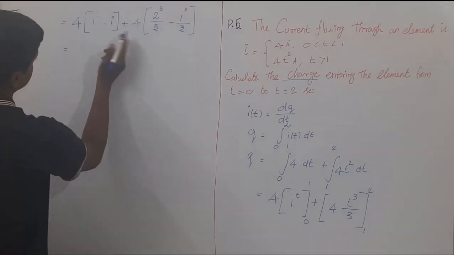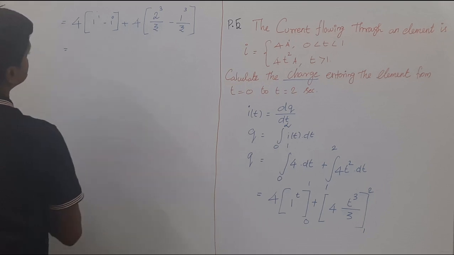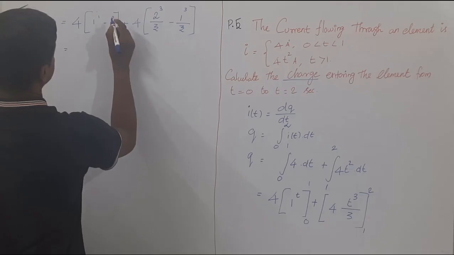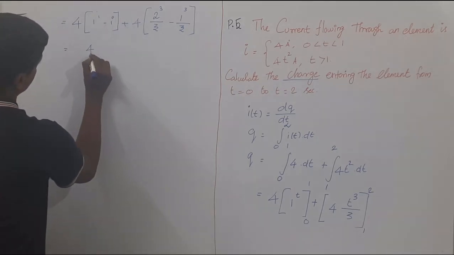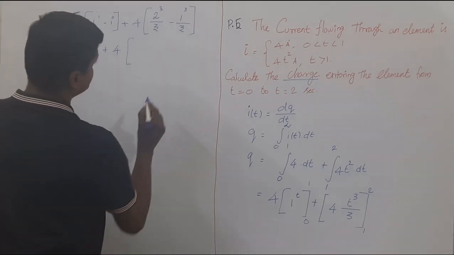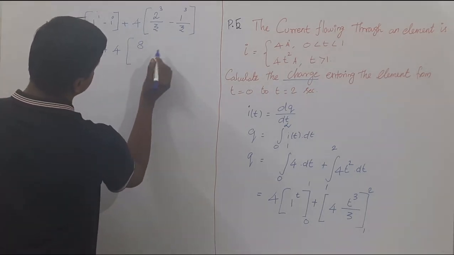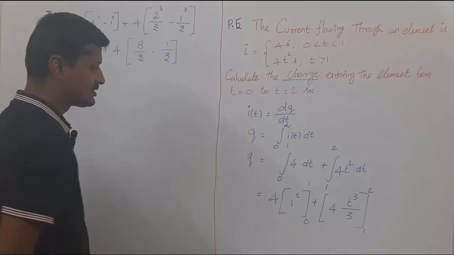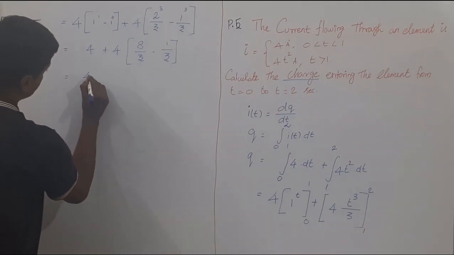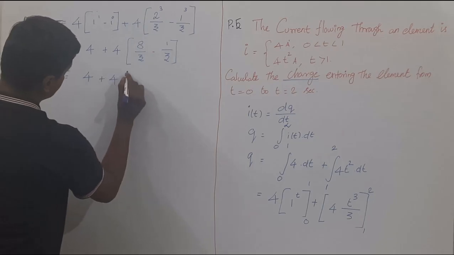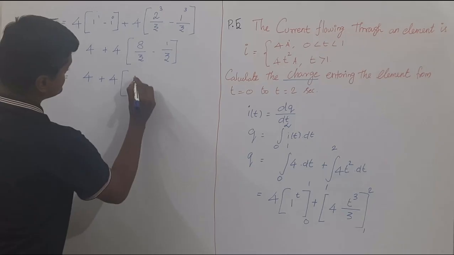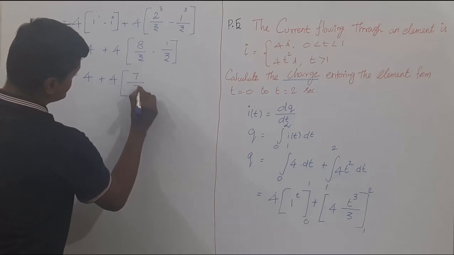Here 1 minus 0 gives 1. So we get 4 plus 4 times 8 divided by 3 minus 1 divided by 3. The denominators are the same, so 8 minus 1 is 7 divided by 3.